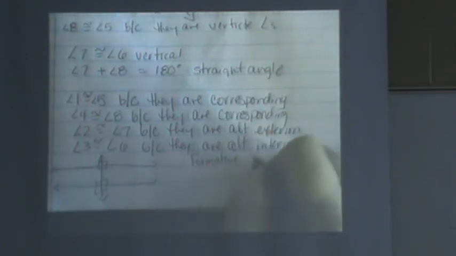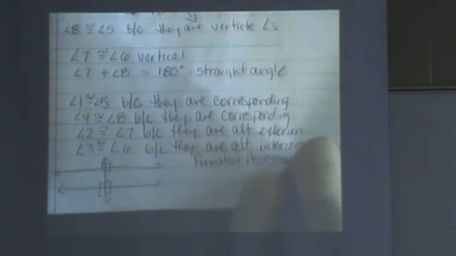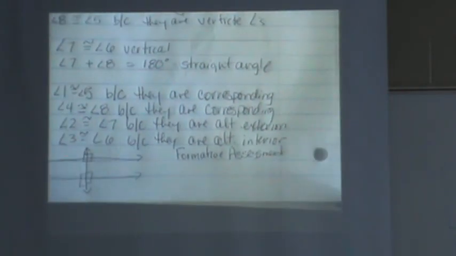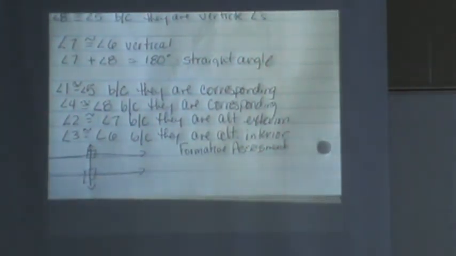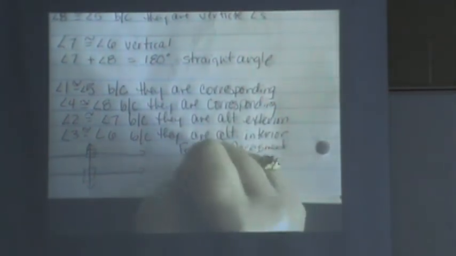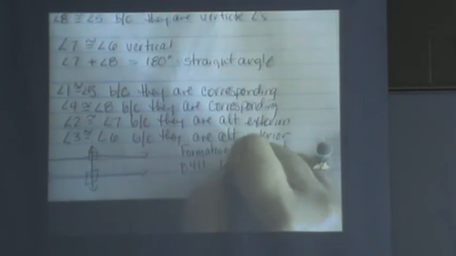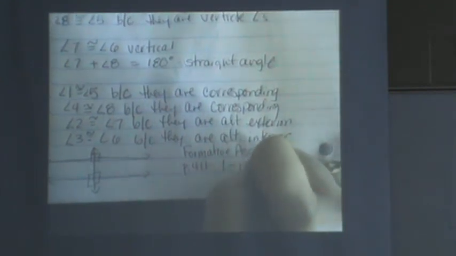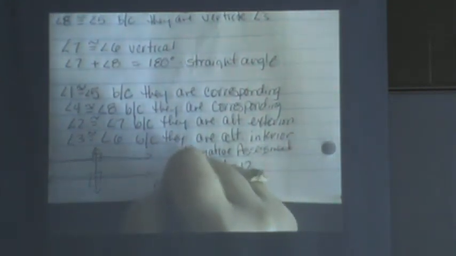I want to give you a formative assessment just to get a snapshot and understand what you didn't get from this lesson. Your formative assessment is from page 411, problems 1 through 12.